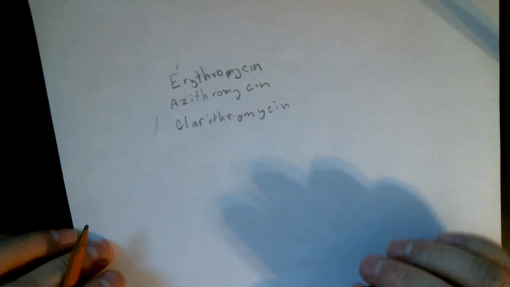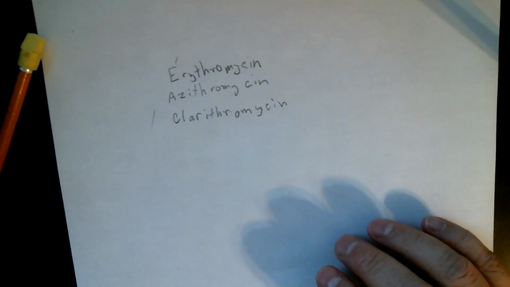Right, so those are the three macrolides that you see out there. And these guys are at least bacteriostatic. In some instances they're bactericidal, depending on what you're using them on. But they're bacteriostatic against Staph aureus, and they are not a beta-lactam penicillin, so they're not affected by penicillinase.